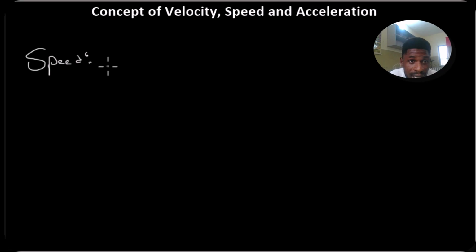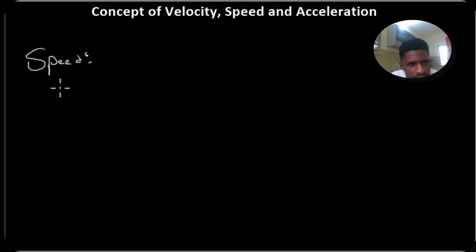Now, speed doesn't deal with direction. It's the same as when you're driving a car and your eyes go to the speedometer. That particular speed, without caring about the direction in which you're traveling, is what we're trying to say. So, the rate at which an object covers distance.